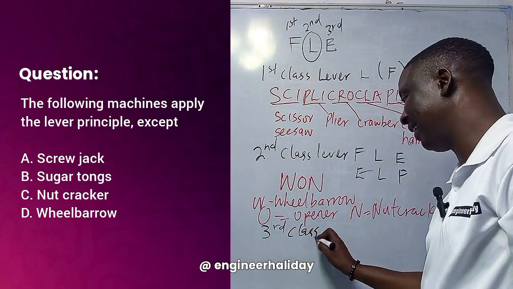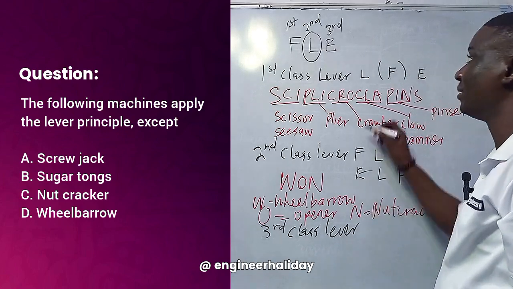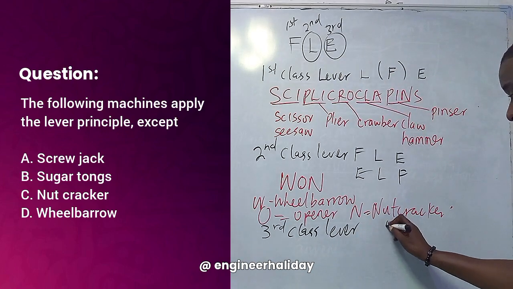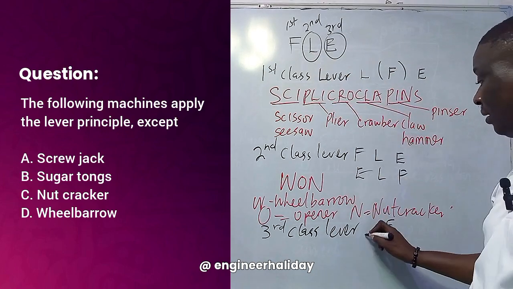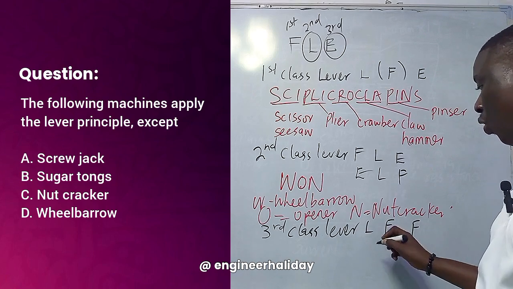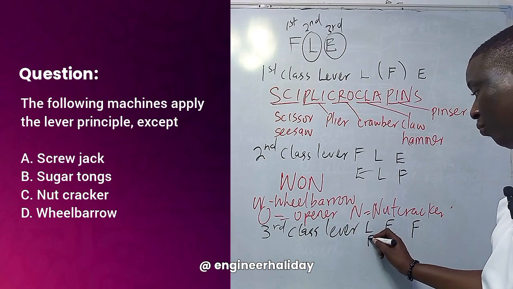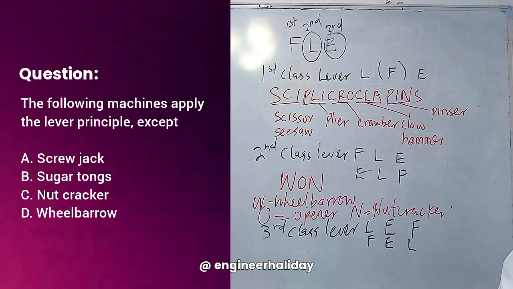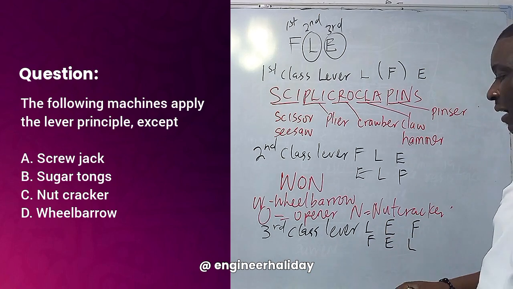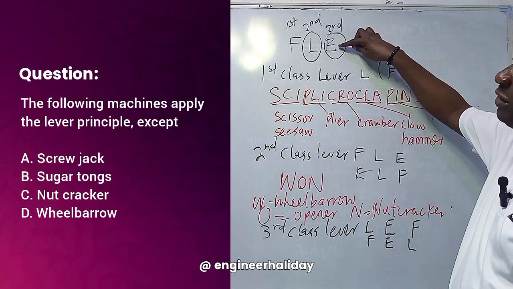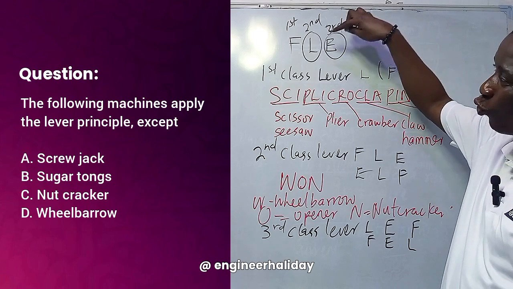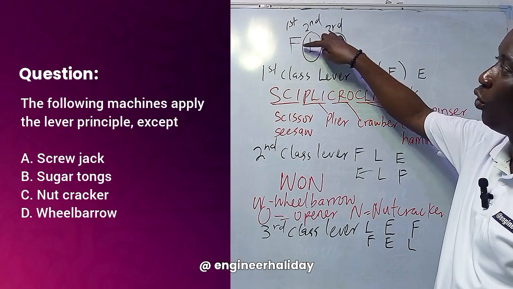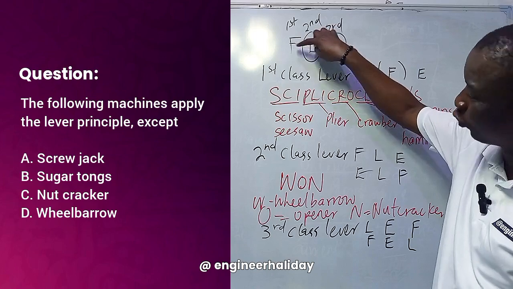For the third class lever, the effort is between the load and fulcrum, or fulcrum and load. Anyhow you want to look at it, just know that the effort is between the fulcrum and the load, or the load and the fulcrum.